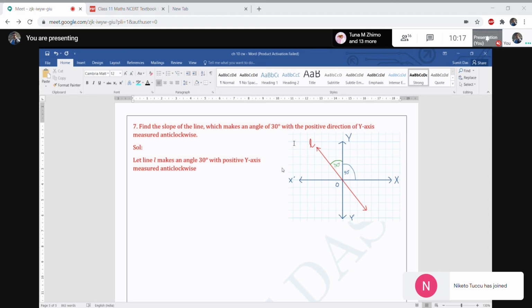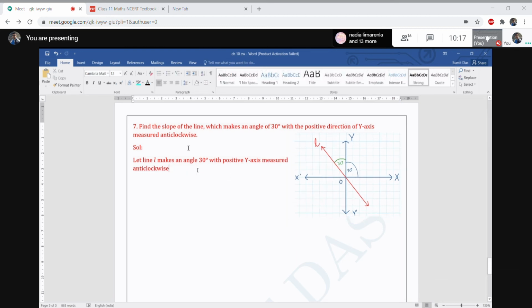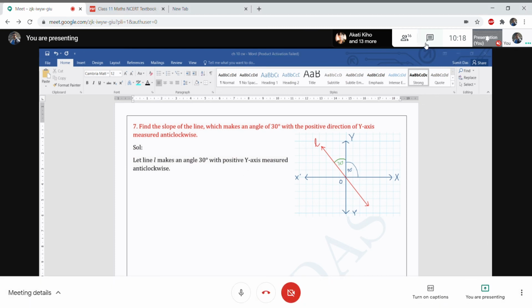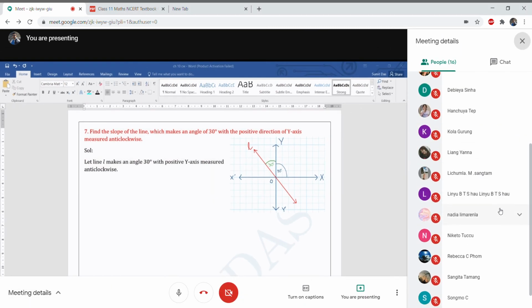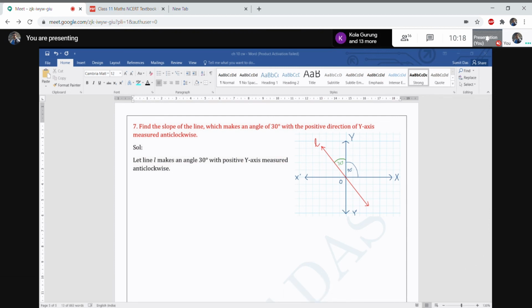Yeah, any answer? If line L is making 30 degrees with the y-axis, what angle will it make with the x-axis? Very easy. I already made the diagram for that.